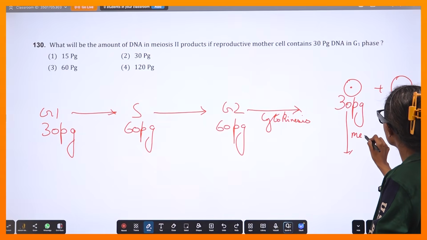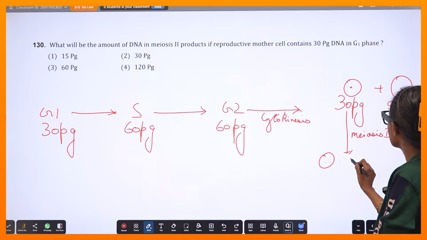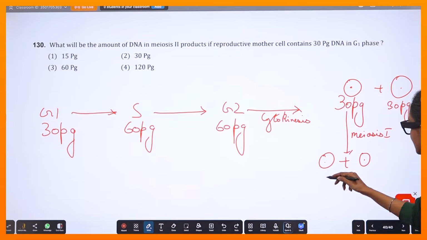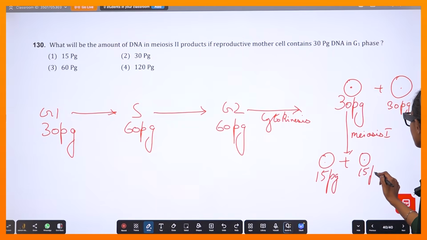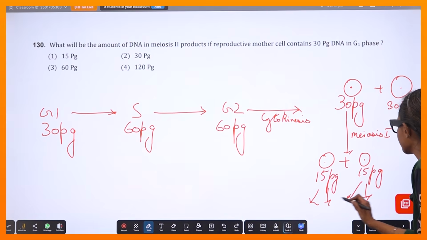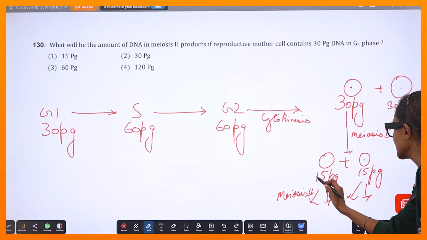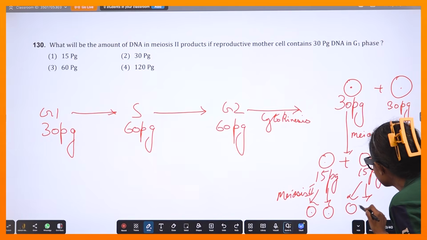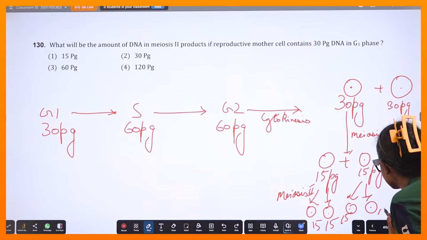Now, this will undergo meiosis 1, so you will get 2 cells. The DNA amount will be 15 picograms each. After that, when meiosis 2 takes place, equational division, 15 picograms each.